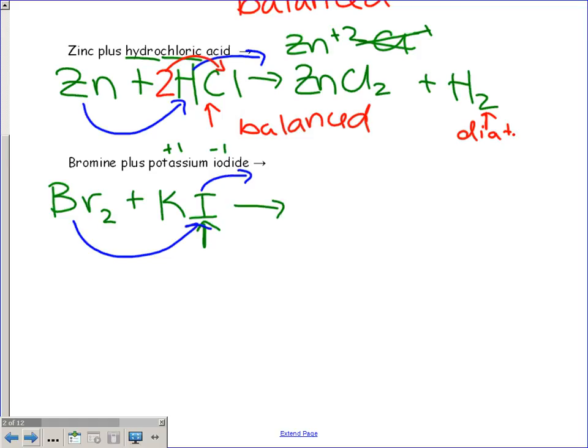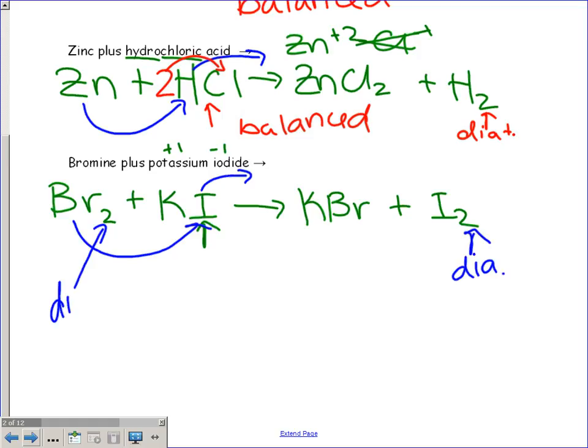Bromine's charge is -1, so I form KBr, potassium with a +1 charge, bromine with a -1 charge, plus I2. Why does I have a 2 subscript? Well, that's because it's diatomic. Same reason that bromine has a 2 here. They're both diatomic molecules.